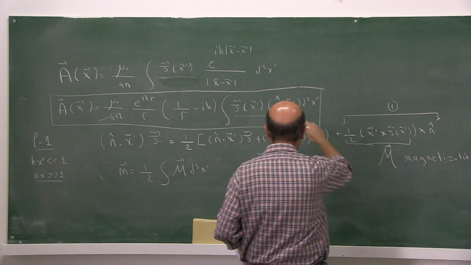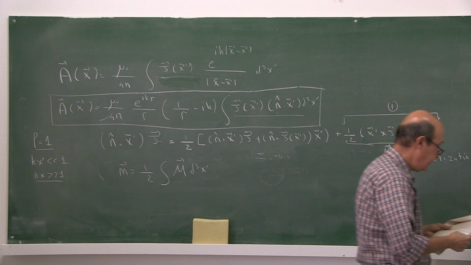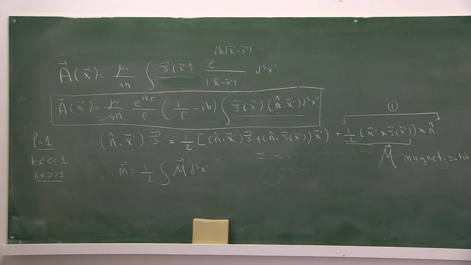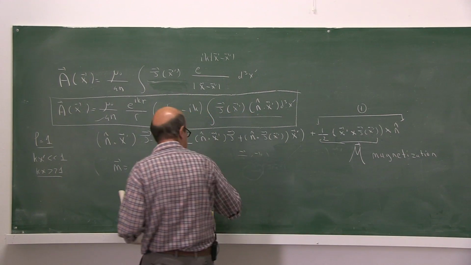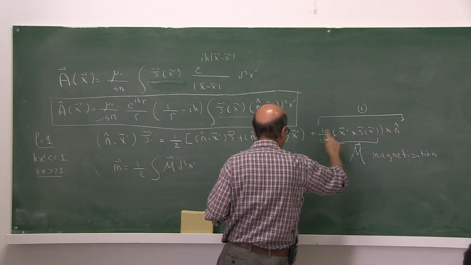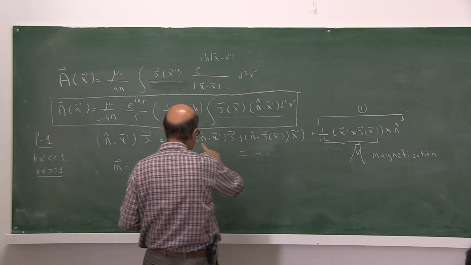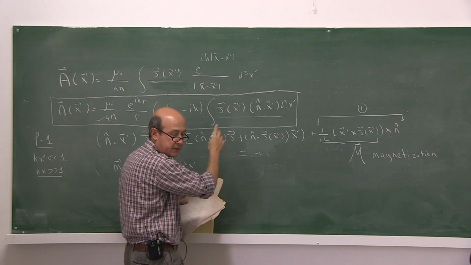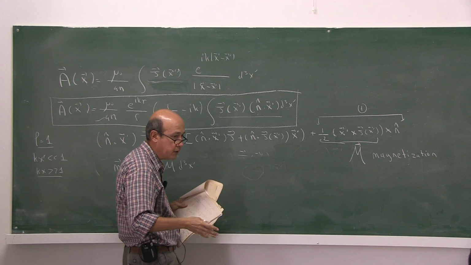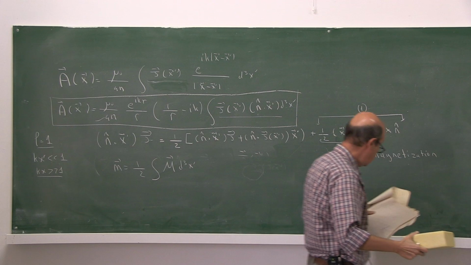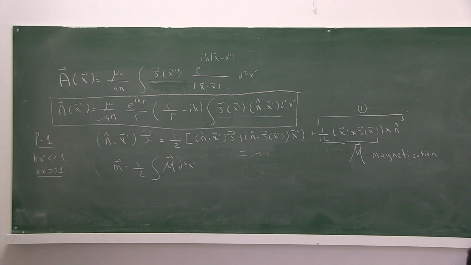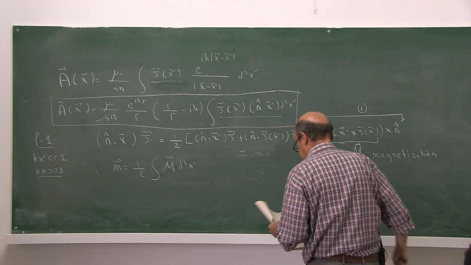So since we have this part inside the integral, we will automatically see the vector potential in terms of the magnetic dipole moment. So let us take this term, plug it inside, and study the first part, which I said is the anti-symmetric part, and the symmetric part later, okay? So take this part as a part of the integral and write the vector potential. Actually, that vector potential will be related to the vector potential due to the magnetic dipole radiation.